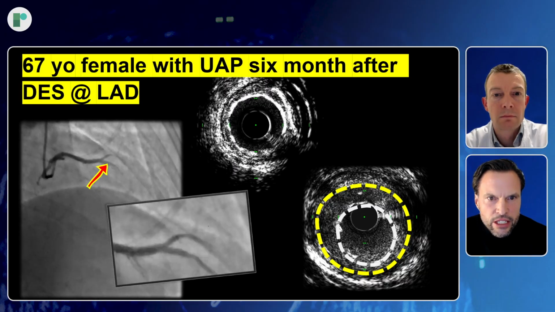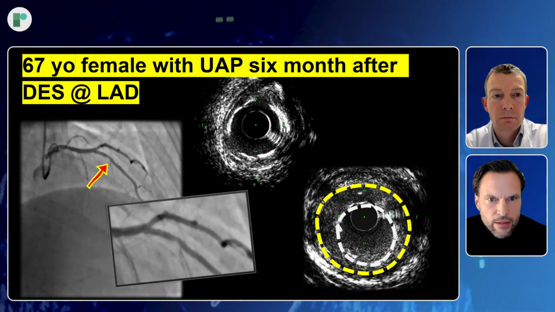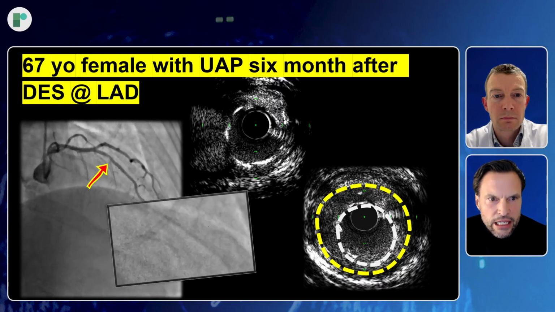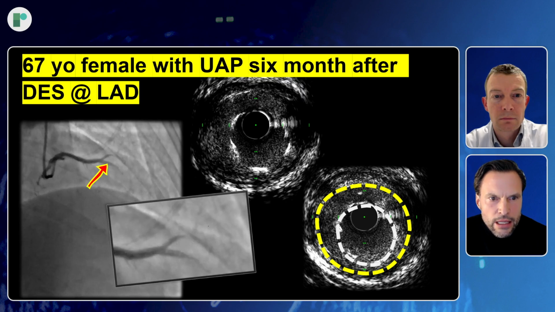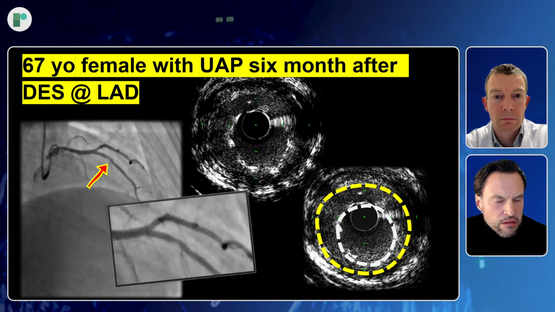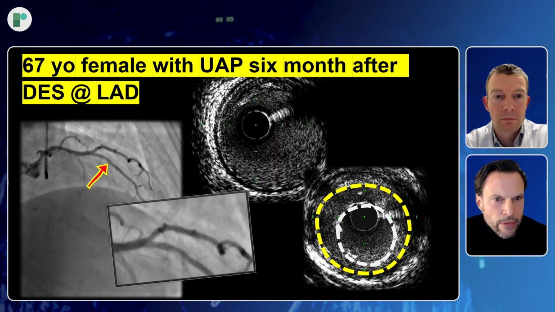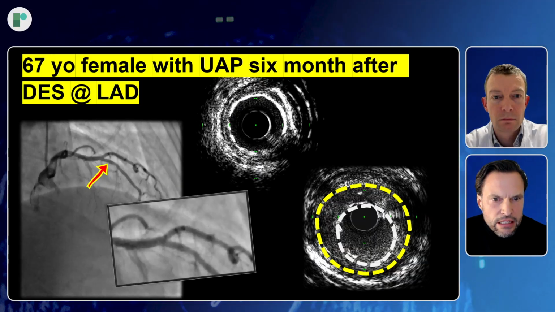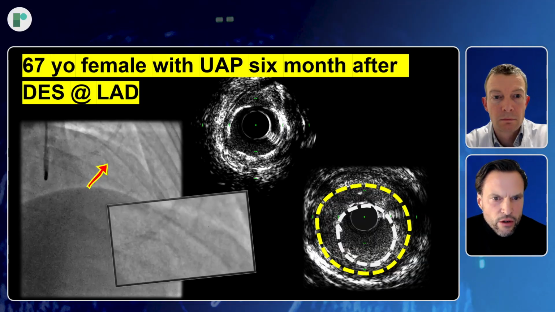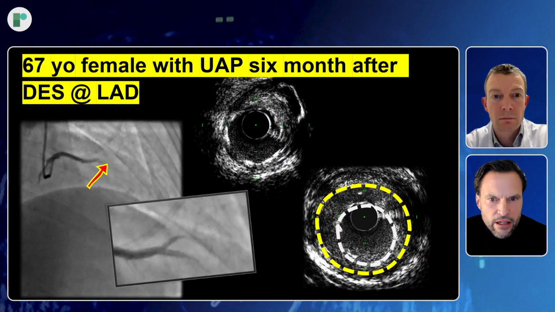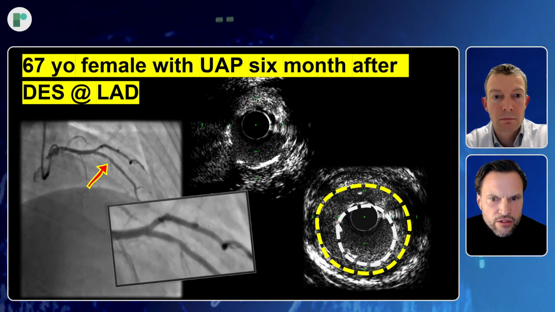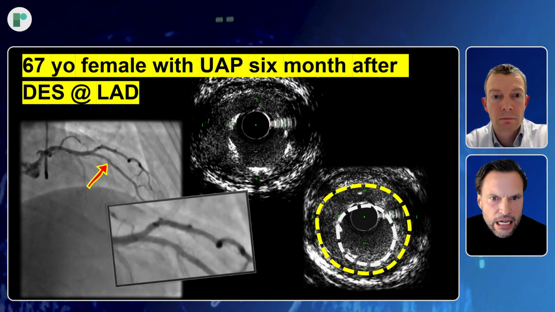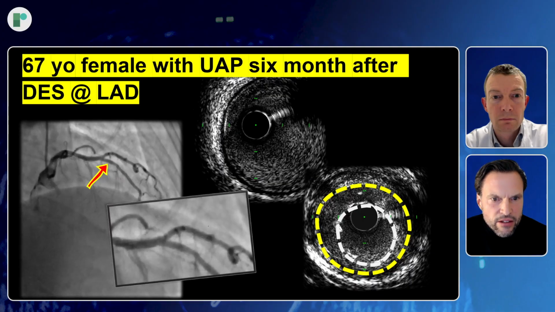And this was another patient who presented with unstable angina after stent placement just a few months ago. And you see this coronary angiogram, it doesn't look like a severe stenosis, but the patient had symptoms. Then if you perform intravascular imaging, you see a significantly under-expanded stent in this LAD.